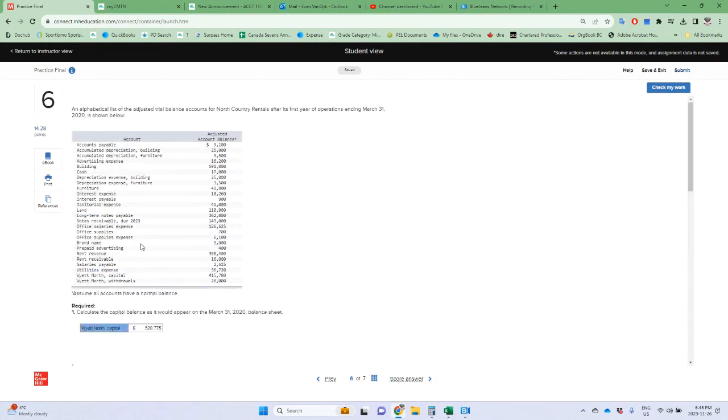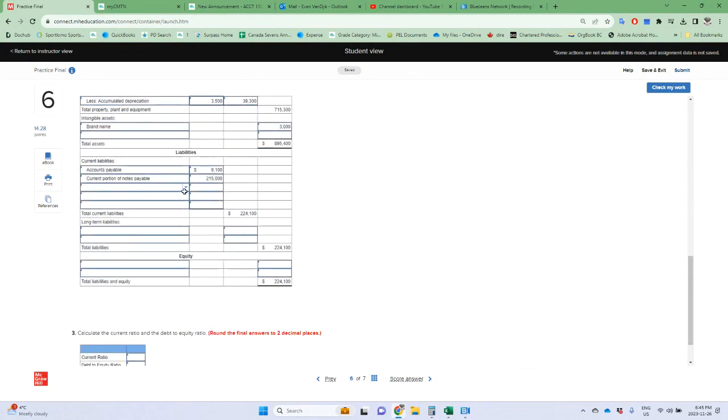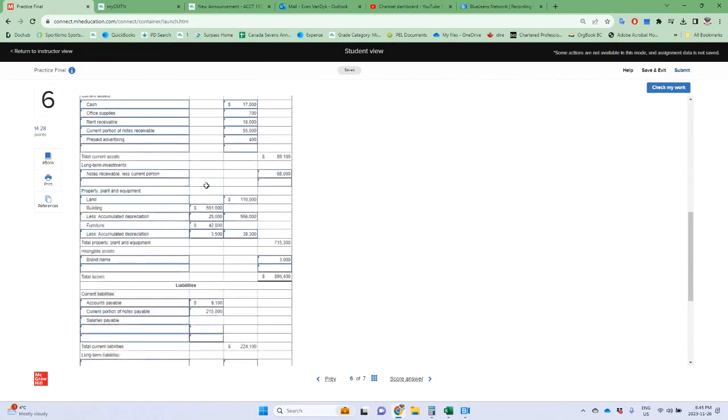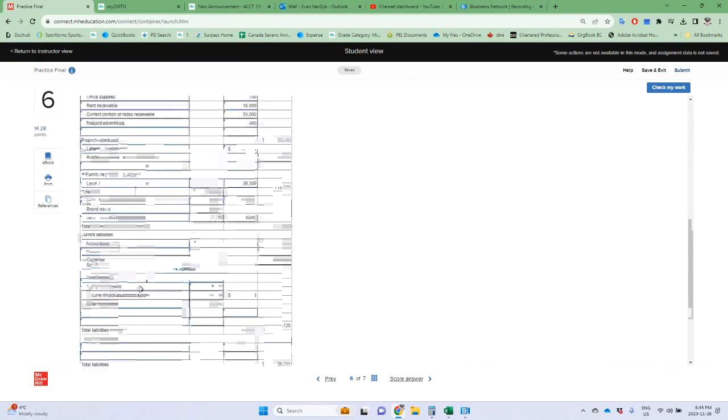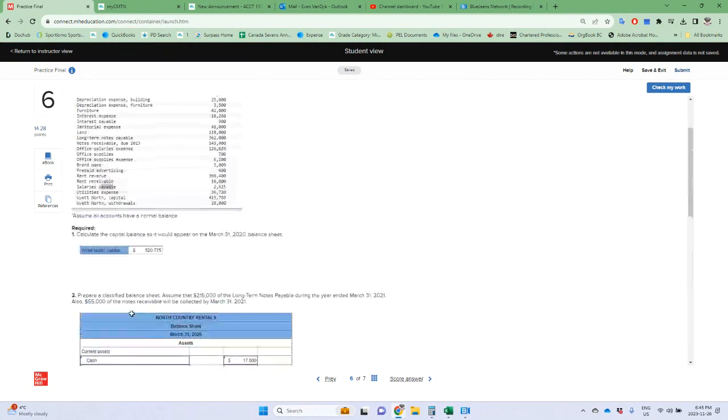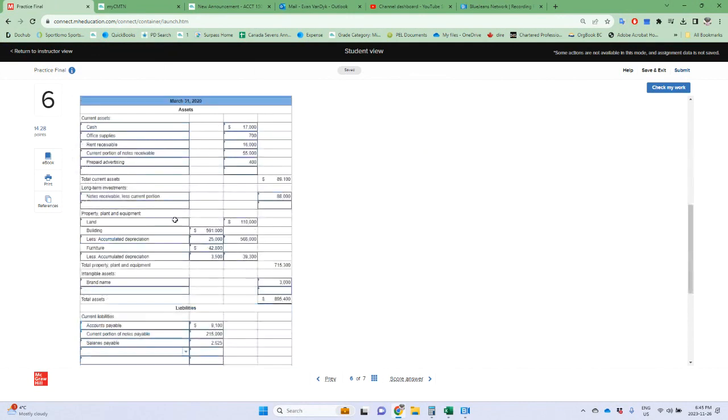See if we have any other payables. Salaries payable right here. $26.25. And do we have any other ones here? Sorry. Interest payable. Yeah, we do. Interest payable of 900.